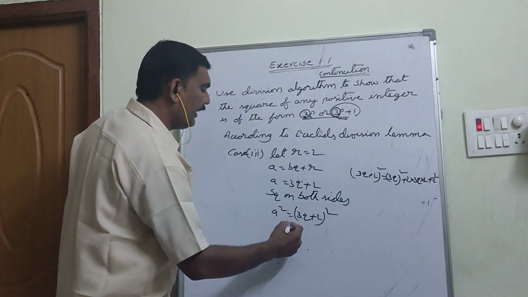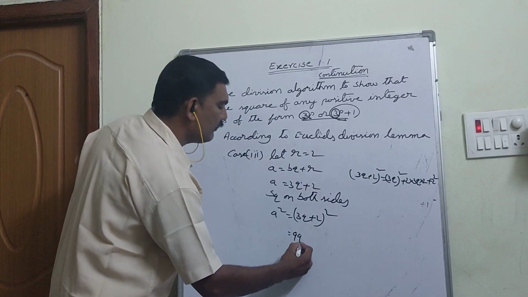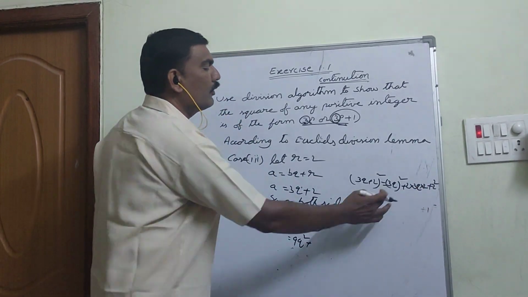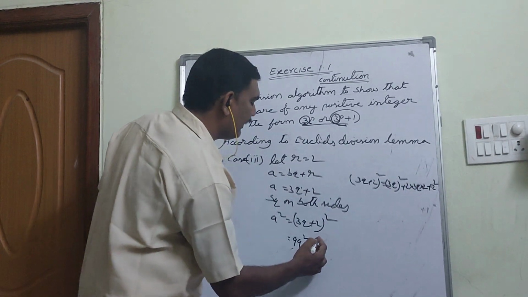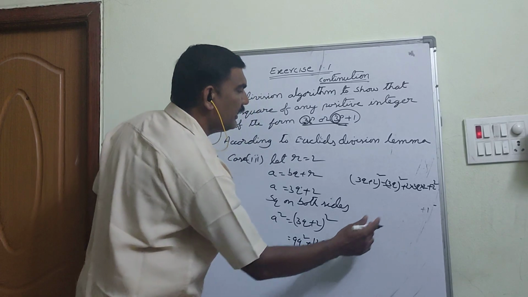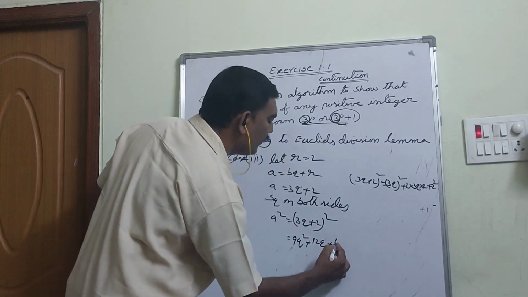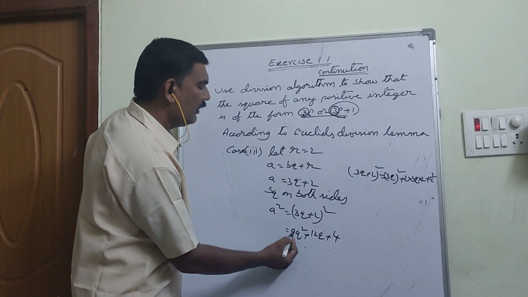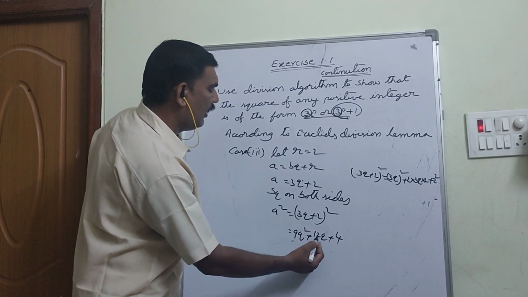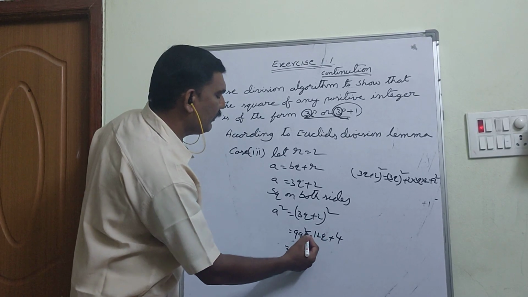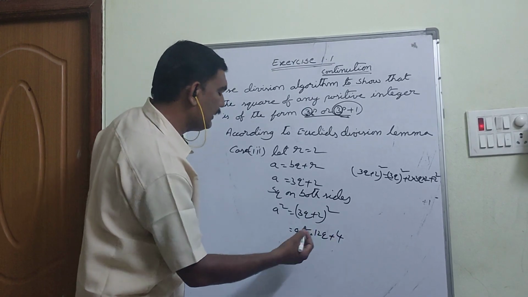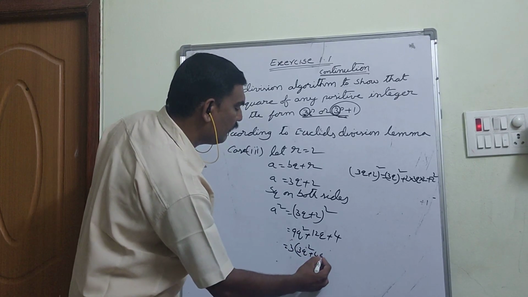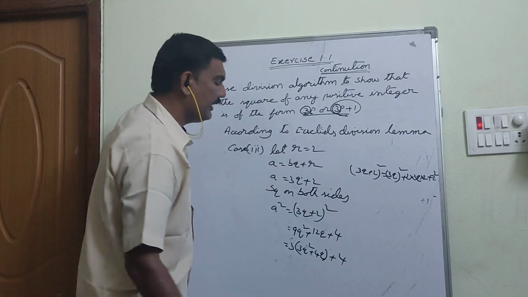If you simplify, 9q square plus 2 into 3q into 2: 2 3s are 6, 6 2s are 12, so 12q, plus 2 square, which is 4. Now again you have to take 3 as common from these two terms. Then we get 3 into 3q square plus 4q, plus 4.